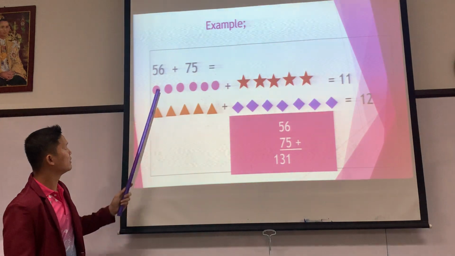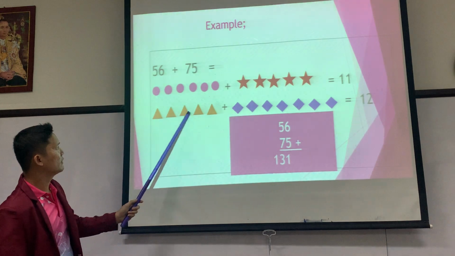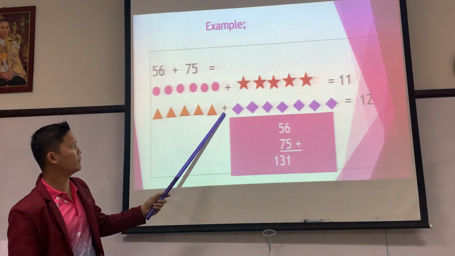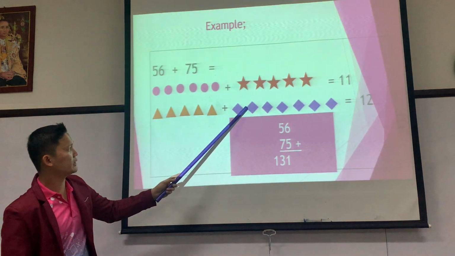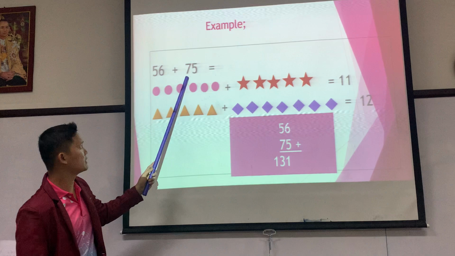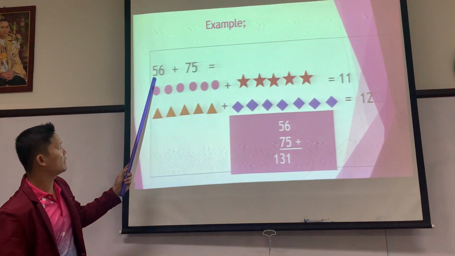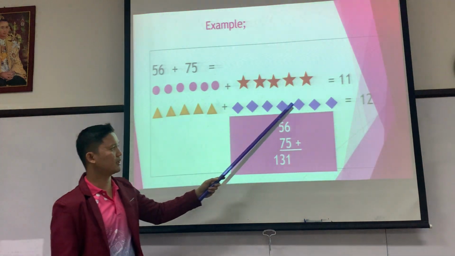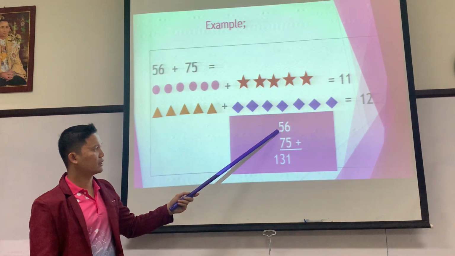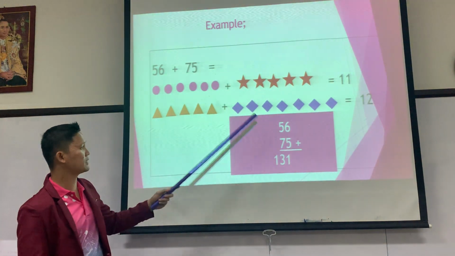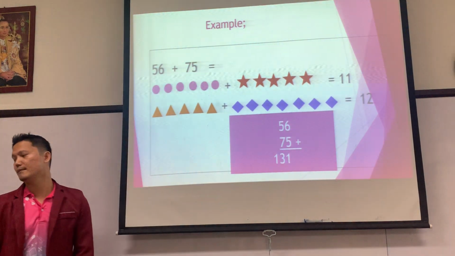Okay, from here in the tens place, we have 5 triangles, and then we have 7 diamonds. So if we add together, 5 plus 7 is what? 12. Okay, so if we add all together, 56 plus 75 equals 131.